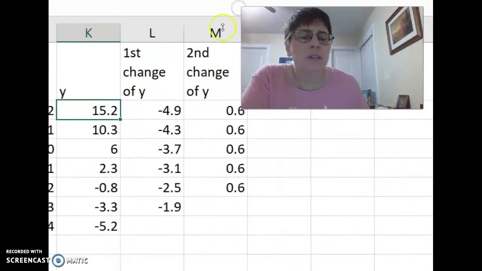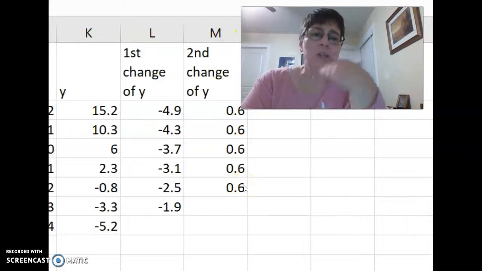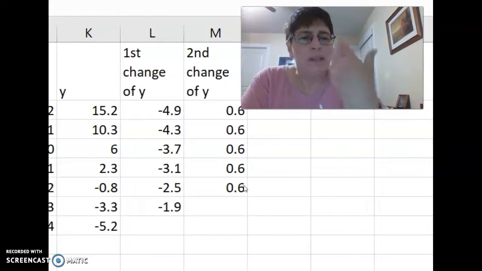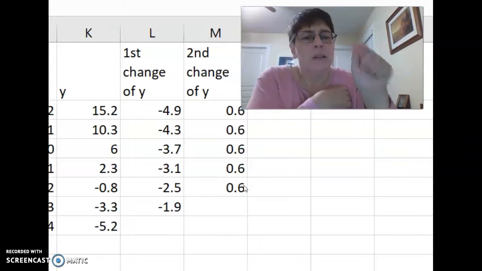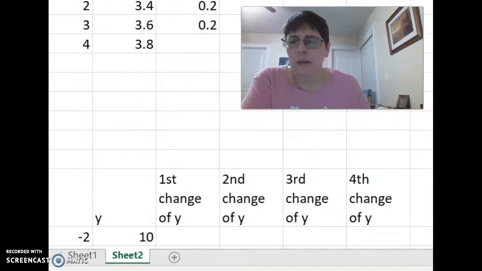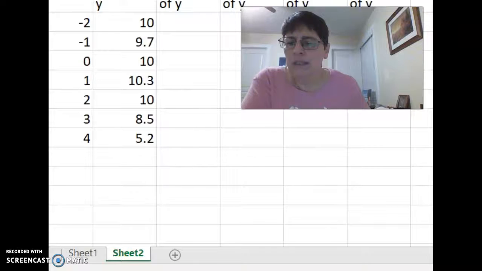Let me pull it over. 0.6. So when you get to your calculus, you start talking derivatives. By the time you take a second derivative of a quadratic formula with power 2, you'll see what the second change means.